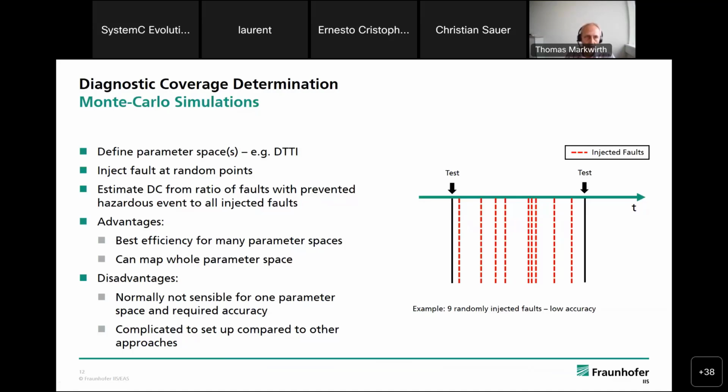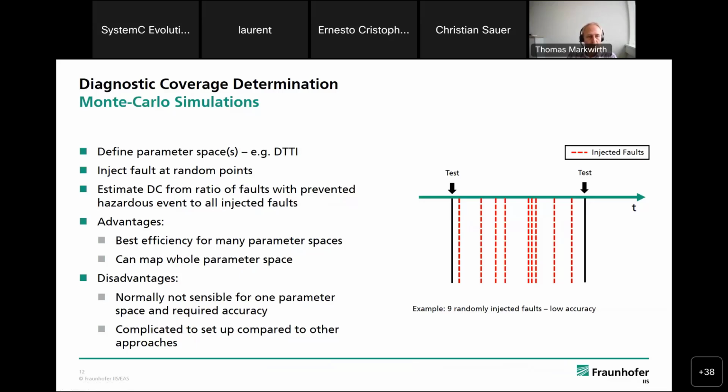The advantage of that analysis is that it gives the best efficiency for many parameter spaces. For sure, we have only a simple example. We only investigate one parameter, the diagnostic test time interval, but it can also become very complex, for example, when you also have a variable reaction time interval and so on. Therefore it can also map a whole parameter space.